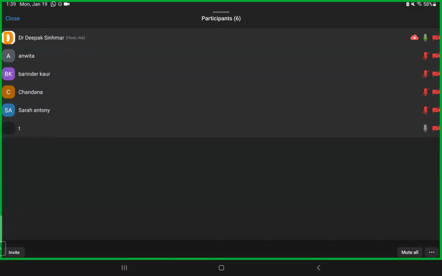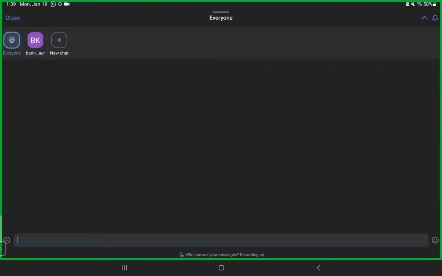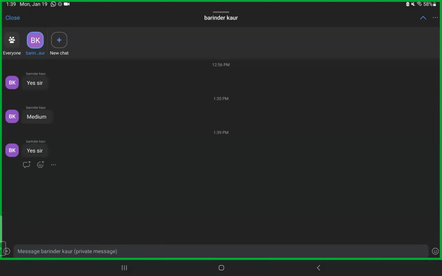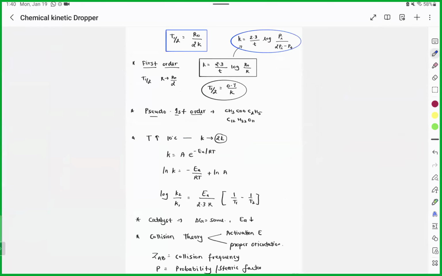Barinder Kaur, easy, medium, tough. Easy. And trust me, you will not get questions out of this theory. This theory is enough. But theory is enough only when you revise it properly.